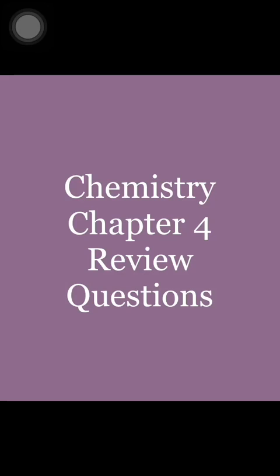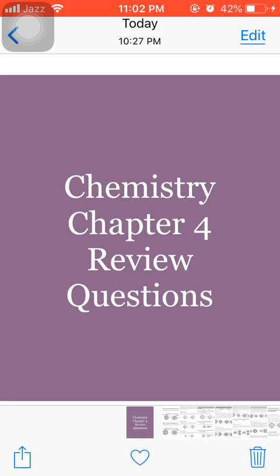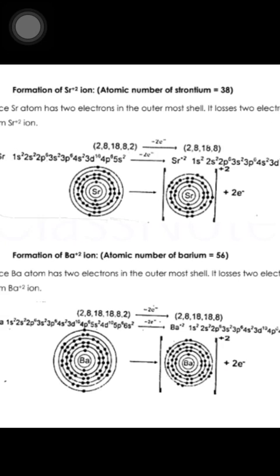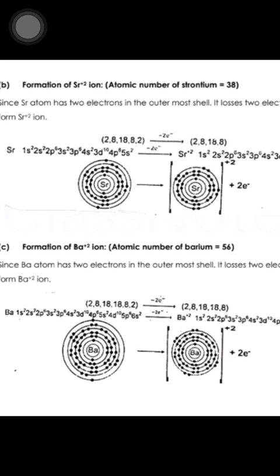We already discussed question number 9, but some students have some difficulty, so we will discuss in detail again. We are talking about formation of cations. When we are talking about strontium cation, that is basically an element which has atomic number of 38.